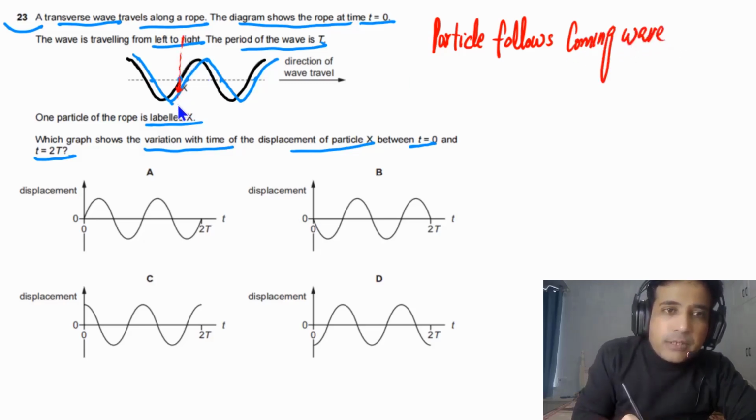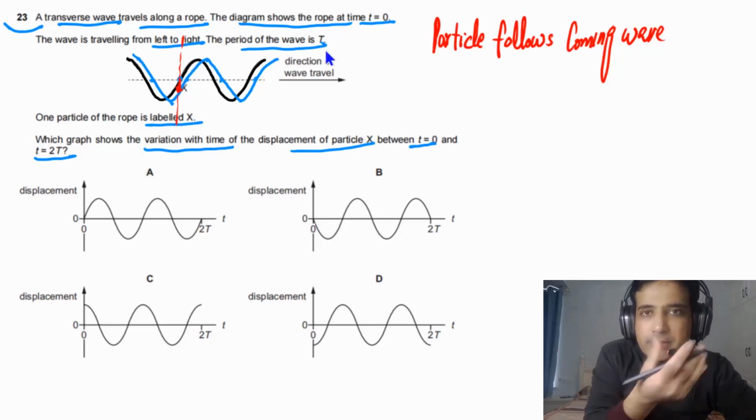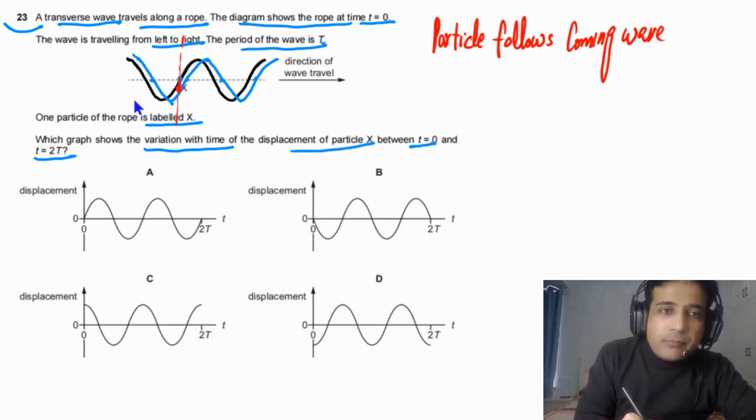If we draw this line here, this part of the wave has already passed. So the particle will follow the coming wave. If you look at the coming wave, you see the particle is here, so it will follow this wave. So it will go down, then it will climb up, then it will go down. Then it will go down, then go up, then go down. So that is the shape we will see.